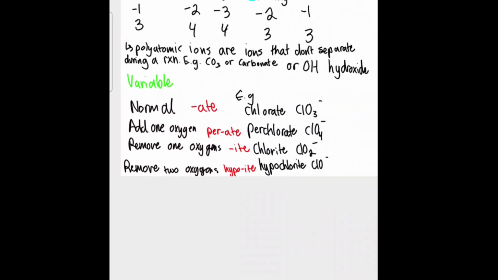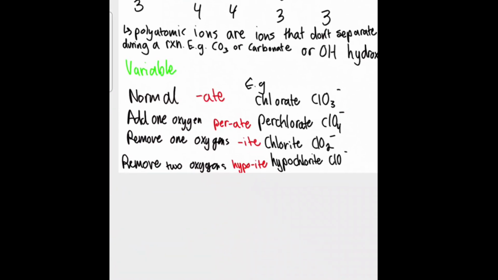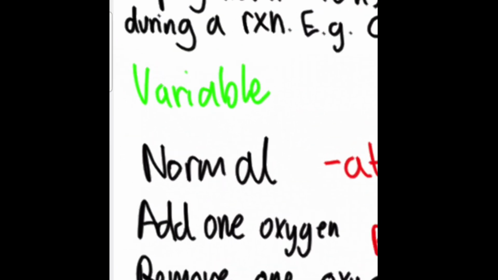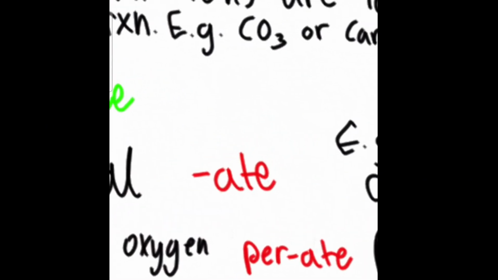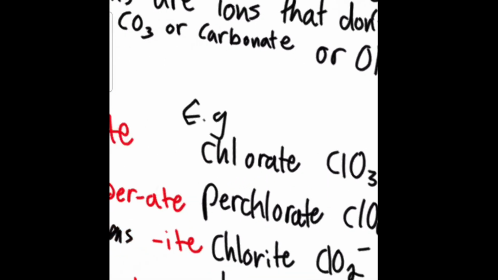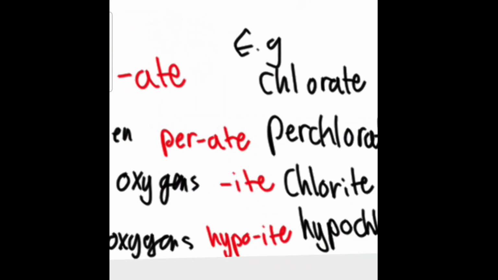Which has 3. Now we have, what if there's 4? Like if chlorine had 4 oxygens, what about 2? What about 1 oxygen? So now we get into that. If it's normal, so if it's the 3, 4, 4, 3, 3, then it's just ate. Like chlorate. What about adding 1 oxygen? Now it's per-ate.